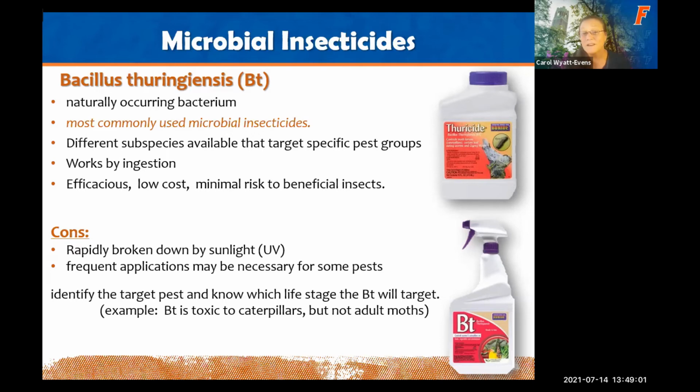Some of the drawbacks against BT is that it does break down quite rapidly in sunlight, under the UV rays. And so you really have to reapply it as necessary to control your pest insects. But again, when we talk about using things like this, make sure you're monitoring your landscape or your garden. And when things are small, that's when you're going to want to do your applications.